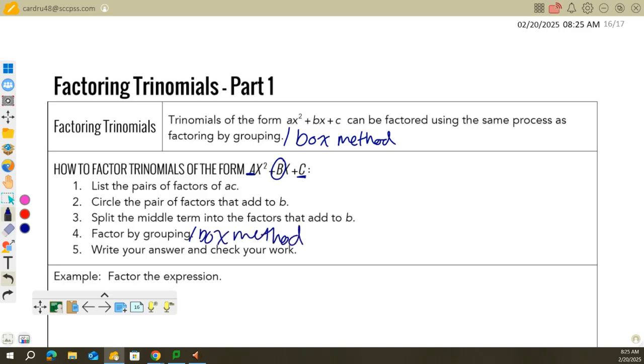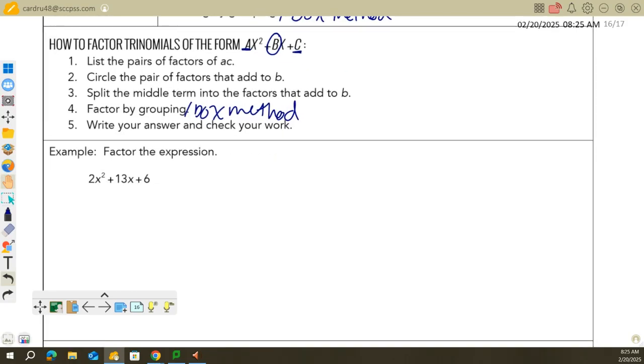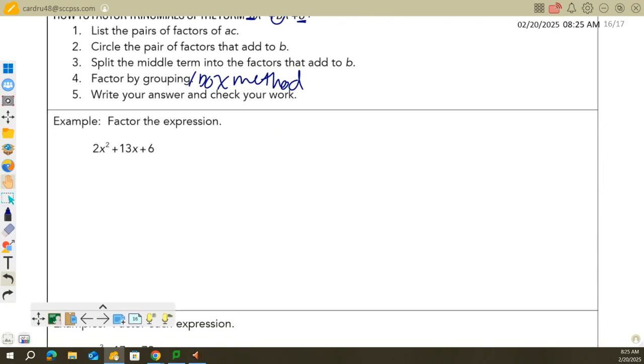Okay, so let's see what this looks like. Number one, we have 2x squared plus 13x plus 6. The first thing we're going to do is multiply a times c. a is the coefficient of your first term, and c is your constant. So 2 times 6 is 12.